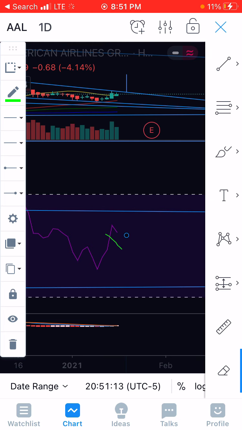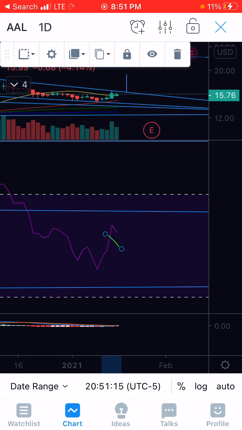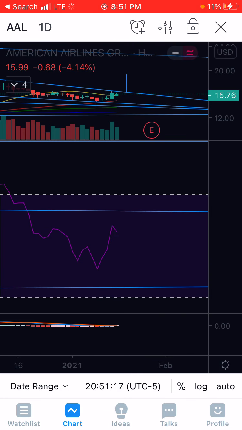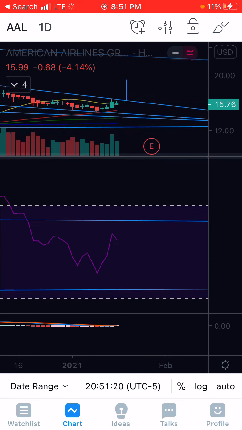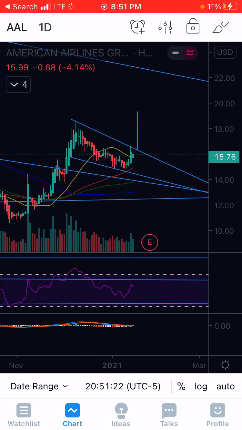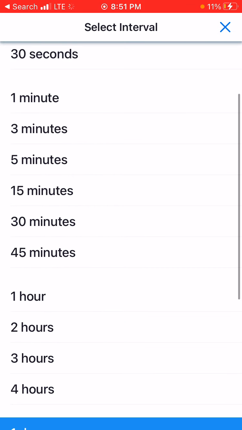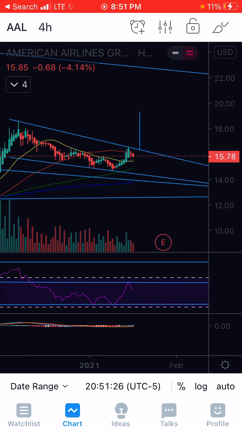But sometimes the daily moves so slow on that RSI that you would use the smaller time frame to really see what's going on.